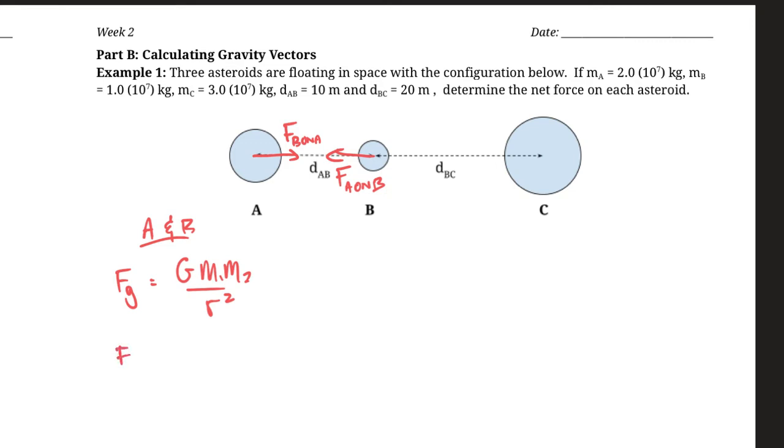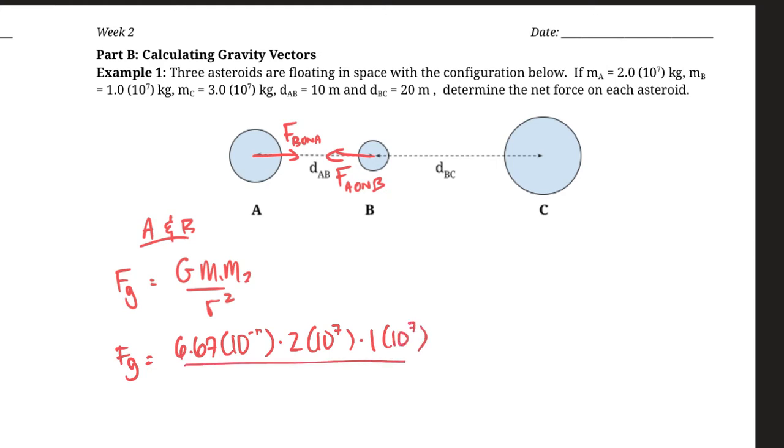So it's going to be 6.67 times 10 to the negative 11, M1, so the mass of A, is 2 times 10 to the 7. And M2 is 1 times 10 to the 7. And the distance between them is 10 meters.